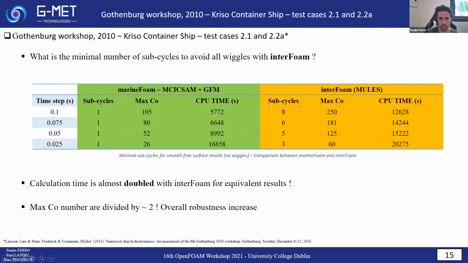So you have the minimum number of subcycles to avoid wiggles, the maximum Courant number and the CPU time. We see, for example, for 0.05 seconds, that the calculation time is almost doubled with interFoam because of these subcycles. And the maximal Courant number is reduced by a factor of 2 with marineFoam. So this increases overall solver robustness.